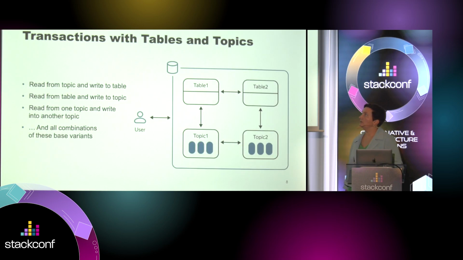So there were 2 examples, but now YDB has the possibility to create all possible scenarios with tables and topics within one transaction. So you can read from one topic and write to a table, you can read from a table and write to a topic, and you can read from one topic and write to another.